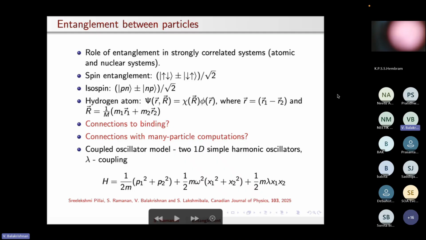For example, when you perform many-particle computation, if the system is strongly correlated, then the resource requirement is quite large.